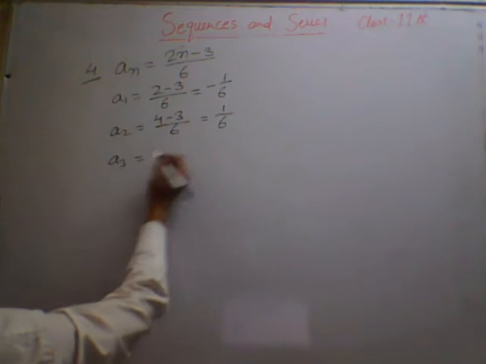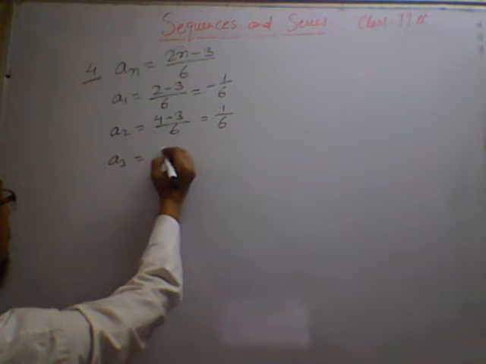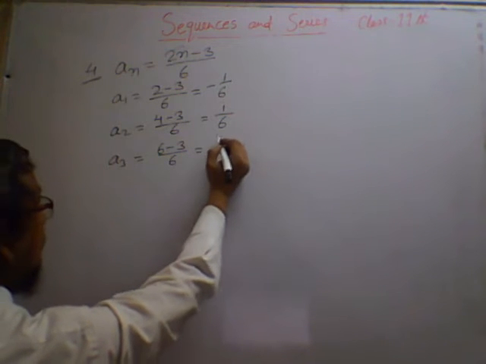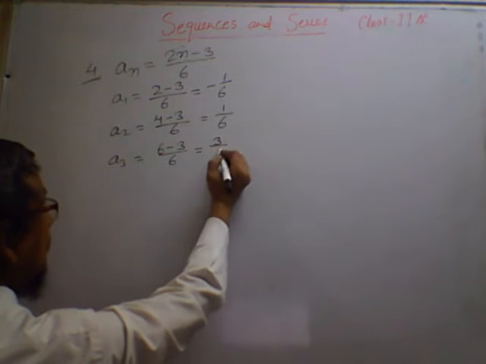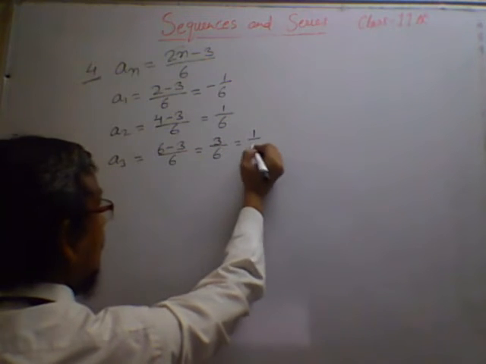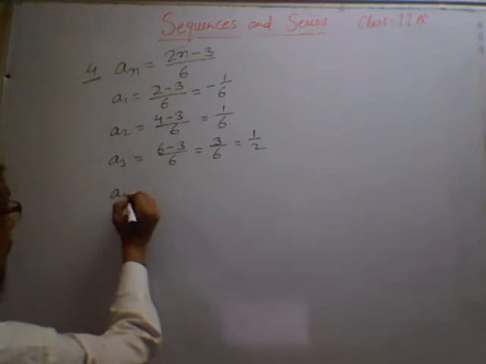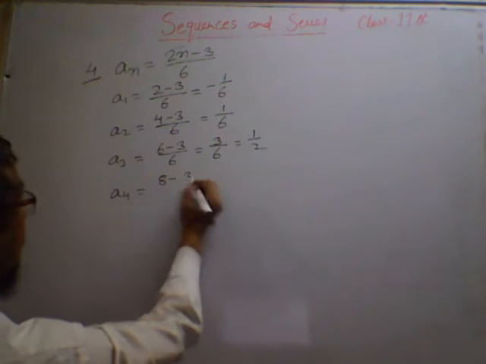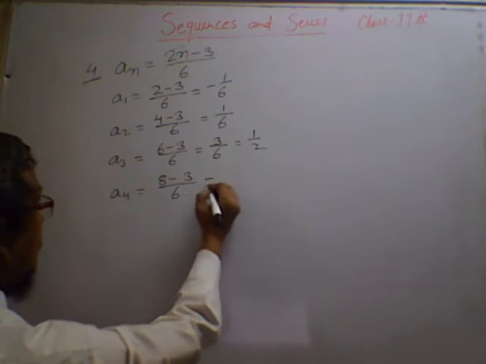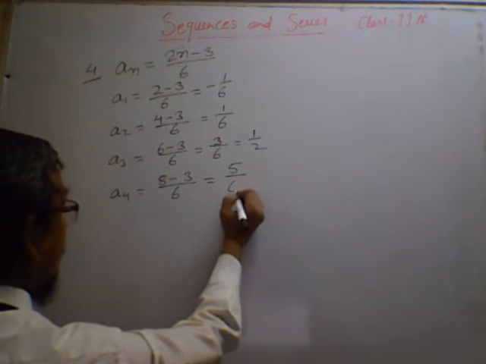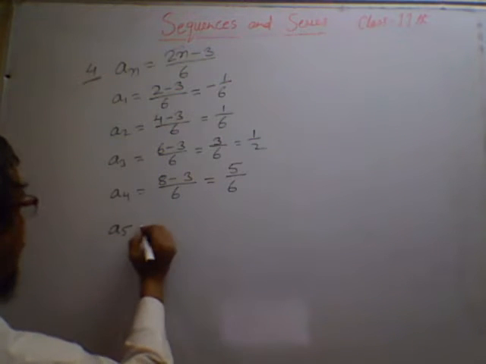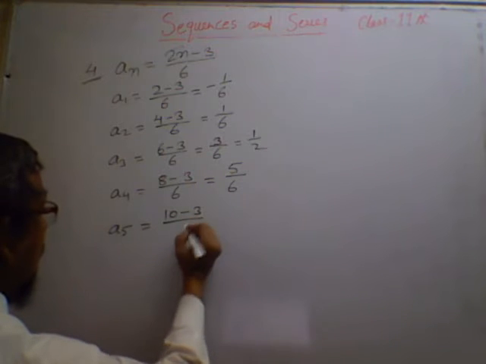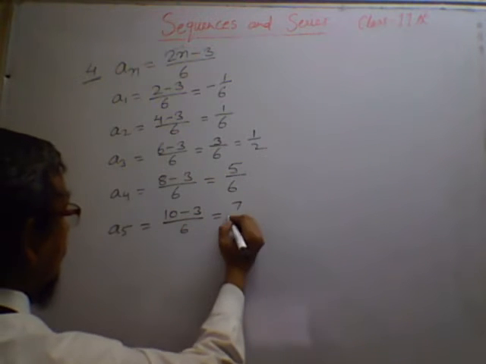A3 equals 2 threes are 6, 6 minus 3 over 6, meaning 3 by 6. It is 1 by 2. A4 equals 2 fours are 8, 8 minus 3 over 6, which is 5 by 6. And A5 equals 2 fives are 10, minus 3 over 6, meaning 7 over 6.